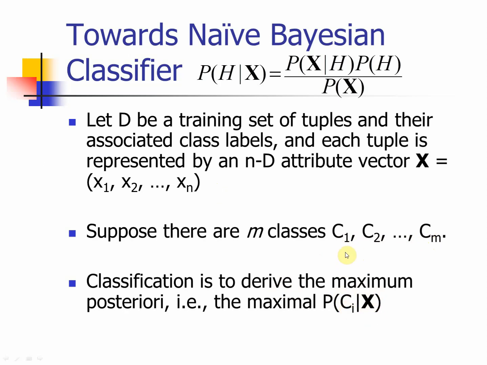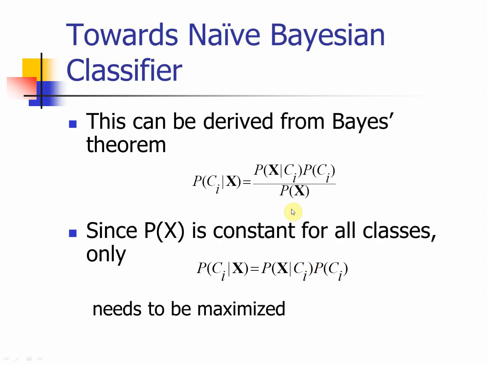In the example we see there are 2 classes: one is buying a computer, the other is not buying a computer, so we need to separate that into 2. One is buying a computer under the condition of the testing data, and the other is not buying a computer under the condition of the testing data. Therefore, we separate that into 2 values, and then we compare which one has a higher probability.